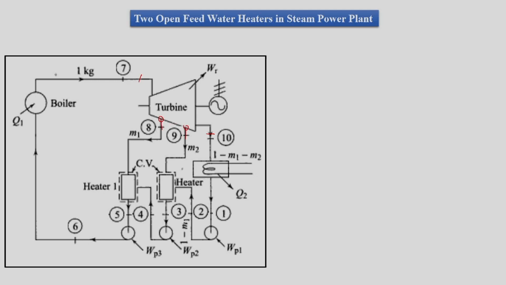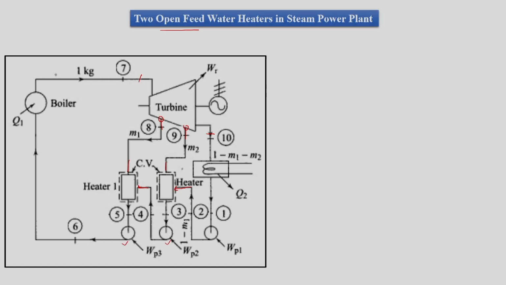As it is an open type of feed water heater, this bleed is directly mixed with the water, and then this mixture is pumped once and pumped twice, and then supplied to the boiler.